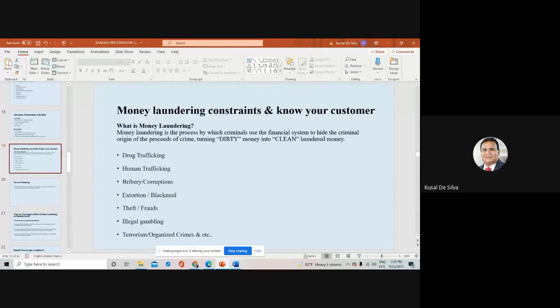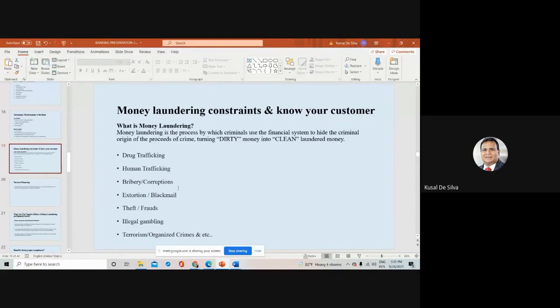Blackmailing is very common now. Sometimes they use different methods to do that. Then theft and frauds, a very common thing. And illegal gambling is also a very famous thing. Then terrorism, organized crimes.